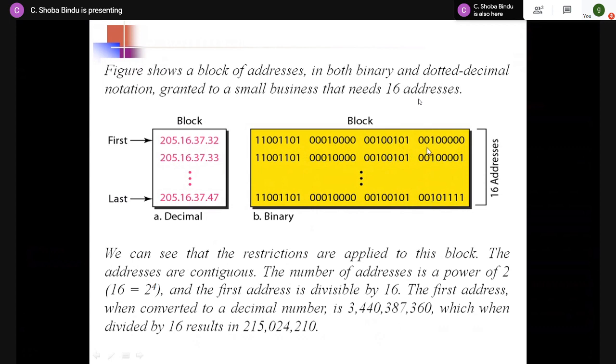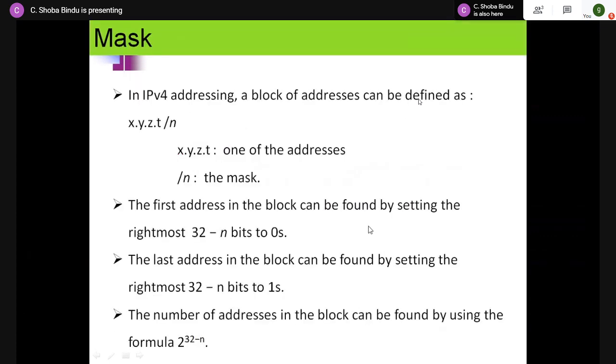So up to this will be your mask, and the distinction from one address to the other will be based on the last 6 bits only. The remaining bits are unchanged in this particular block, and hence that will be the default mask. So this is 8 into 3, 24, 25 and 26 is the mask for this particular block. That is what you are going to specify.